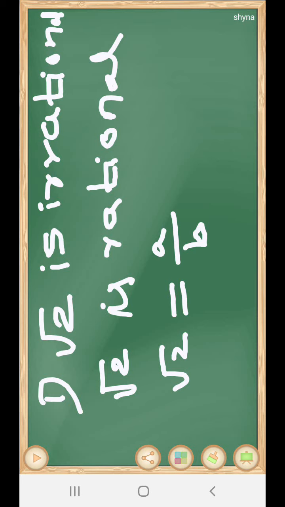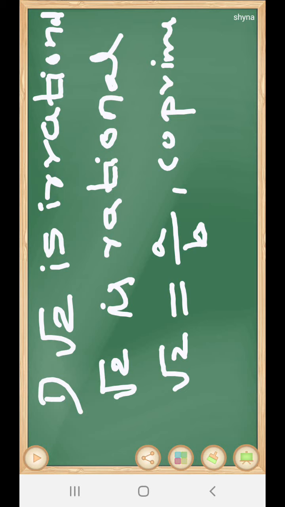Root 2 equals a by b, where a and b are coprime. Coprime means it has no common factors other than 1. That is the very important part of this problem: a and b have no common factor.